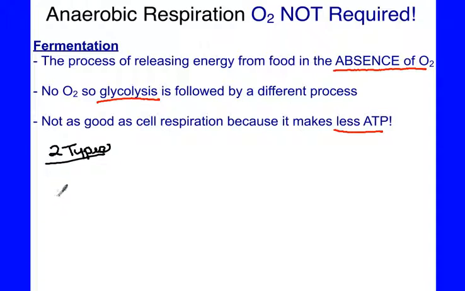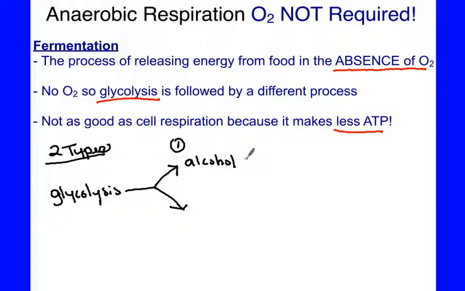So we're always going to start with glycolysis. That's going to be the first thing that happens. So let's go ahead and put glycolysis right here. Now let's divide into two different pathways. The first pathway that can occur is a way that we can create alcohol plus carbon dioxide and NAD pluses.